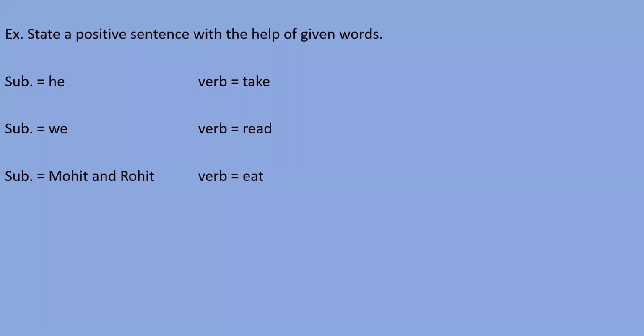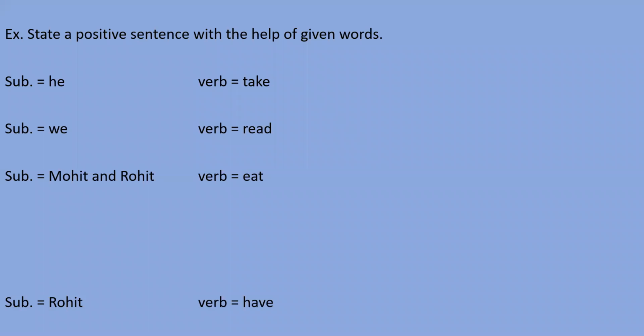Sir, Mohit and Rohit eat their lunch. Yes, very good, right answer. Mohit and Rohit eat their lunch. So eat will come because our subject is third person plural. With the third person plural, we should use the root form if we want to use simple present tense. Yes, very good, right answer.